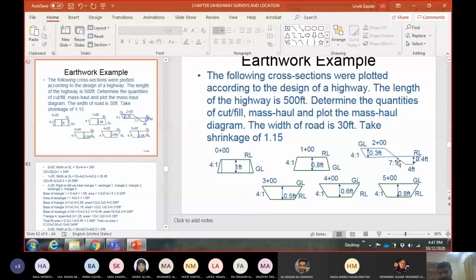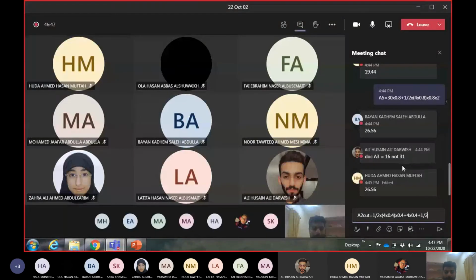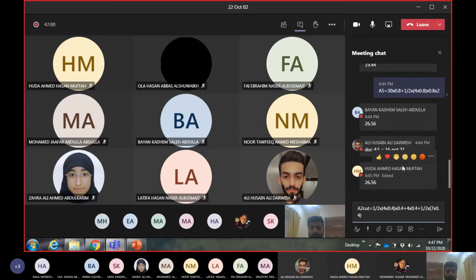So this triangle, the slope is 7:1. Okay, and the height is 0.4. So I will calculate the base using these two values. Okay, so half base, which is 7 multiplied by 0.4 into height, which is 0.4.